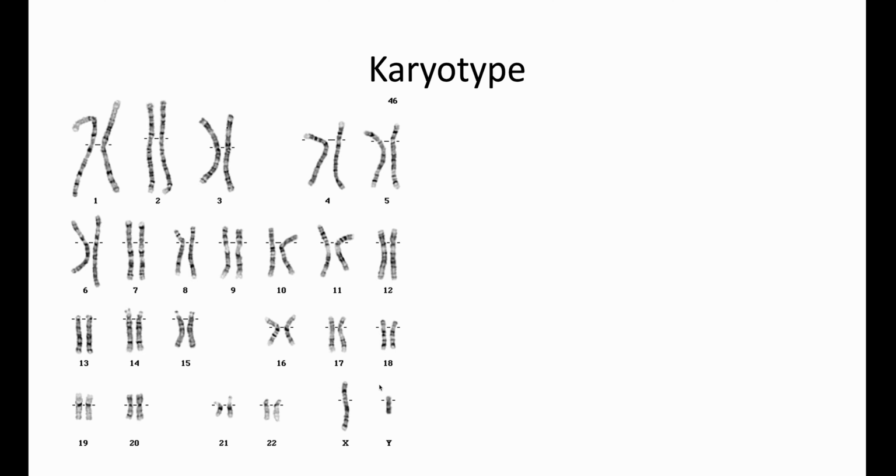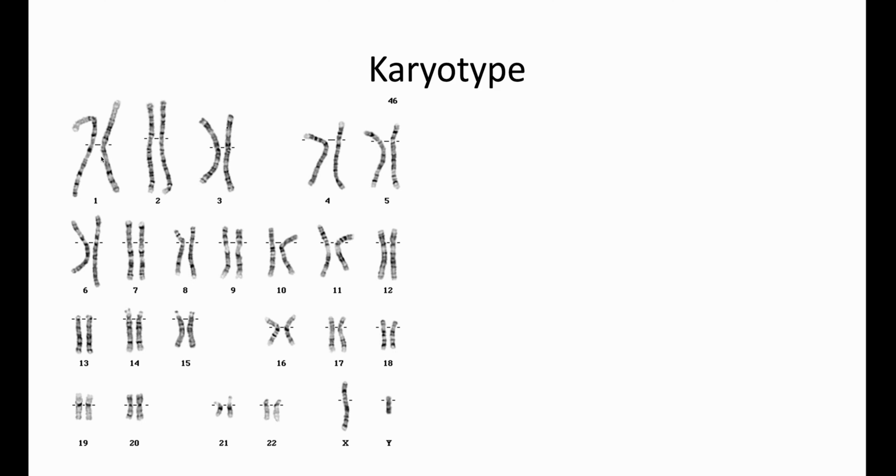This is what we refer to as things being hemizygous. Hemizygous is half zygous. It means that there's a position for the gene on one chromosome, but that same position on the other chromosome doesn't exist, and so there's no complement to it in the homologous pair.